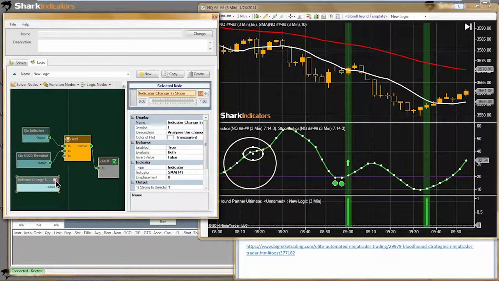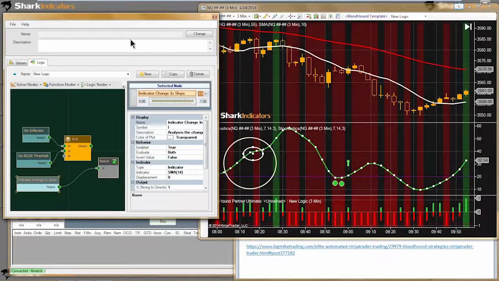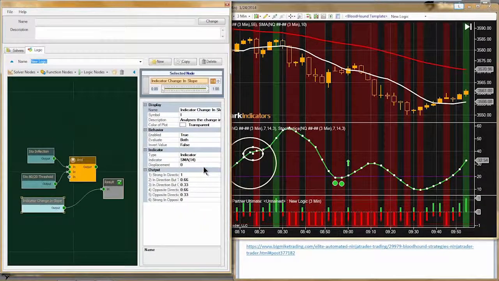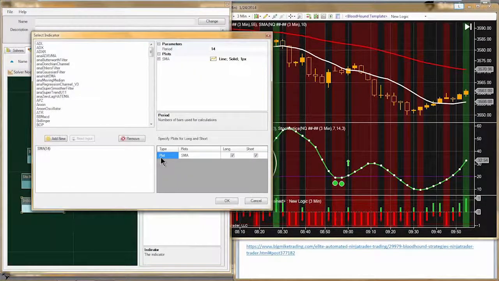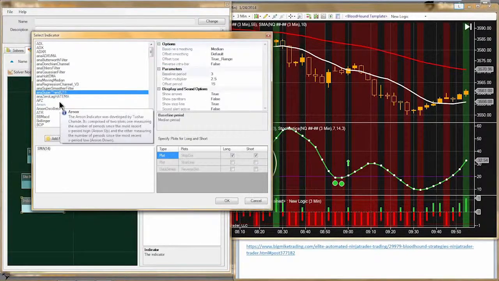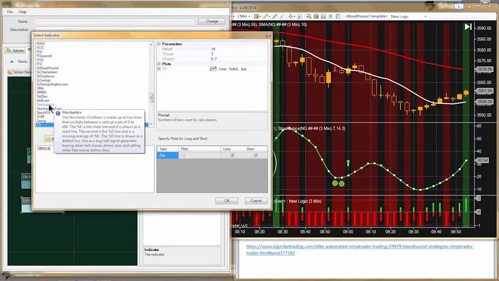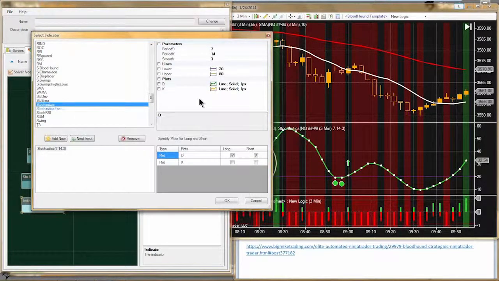So let's connect that up, and we'll throw the stochastics in here so we can take a look at it. Alright, yep, so the stochastic periods are all correct. We want the D plot.